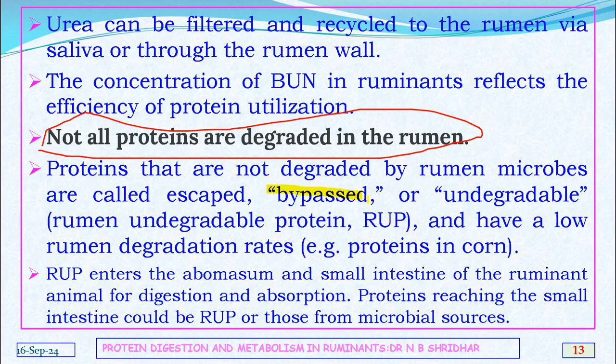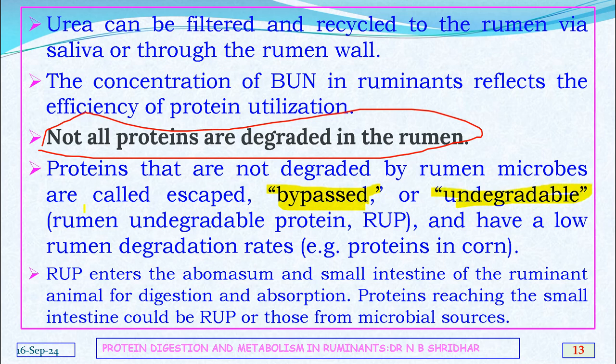What does bypass protein mean? They are bypassing the rumen and directly entering the abomasum. So proteins that are not degraded by the rumen microbes are called bypass proteins or undegradable proteins.